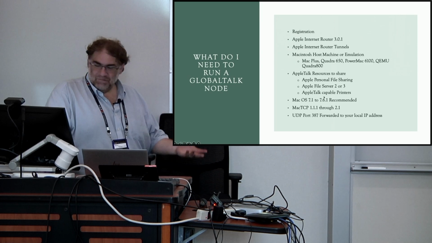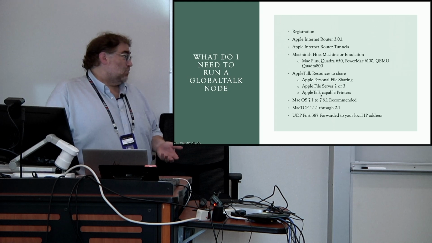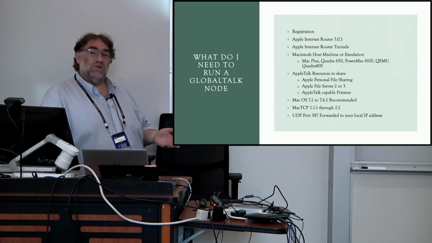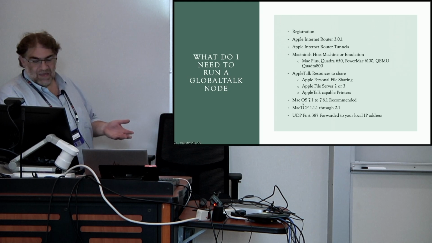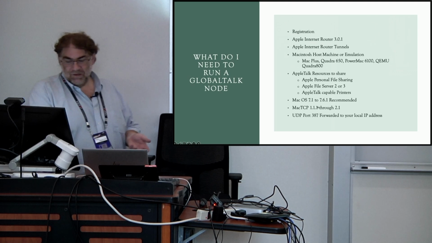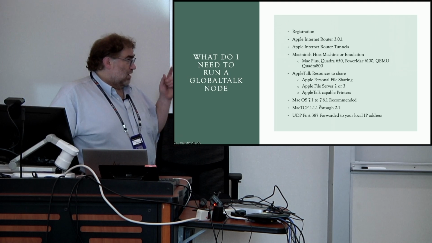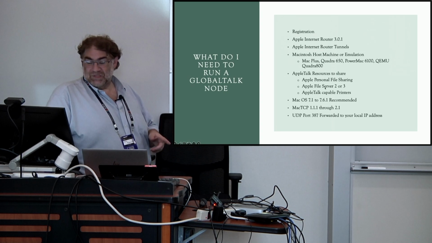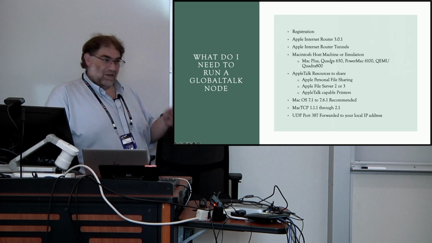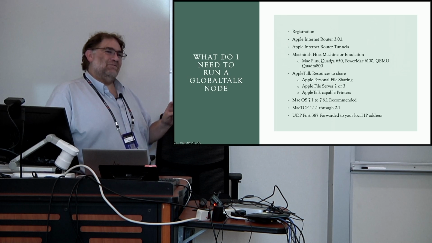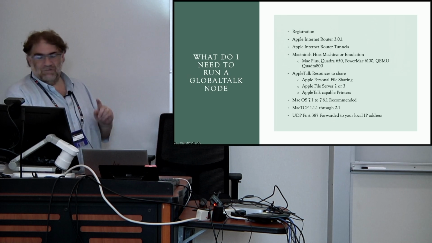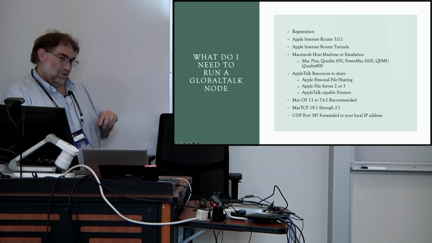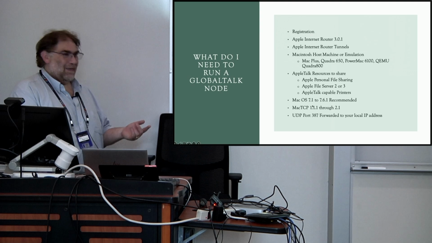Let's see, yeah. So Mac OS 7.1 to 7.6.1 is the sweet spot for this software to run in. And then MacTCP 1.1.1 through 2.1. I mentioned 1.1.1 because that is what actually comes with the Macintosh Garden repository version of the Apple Internet Router 3.0.1. It works okay.